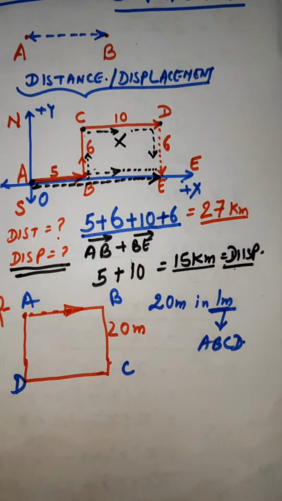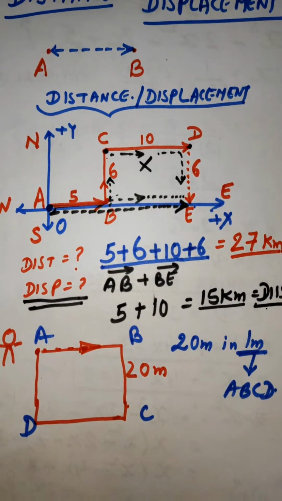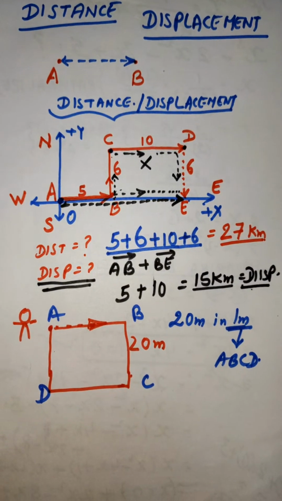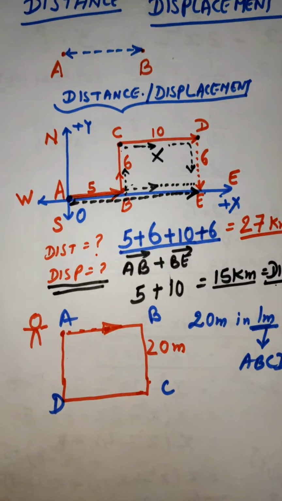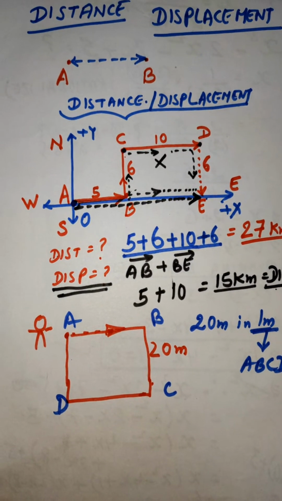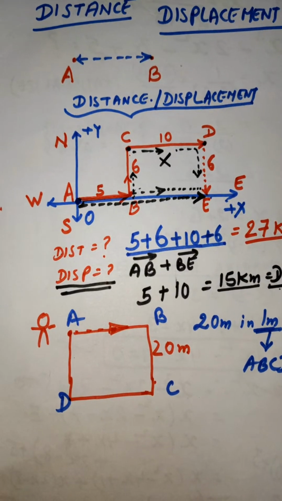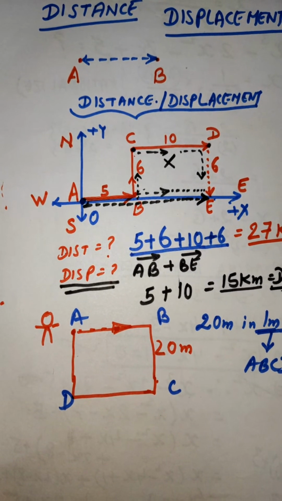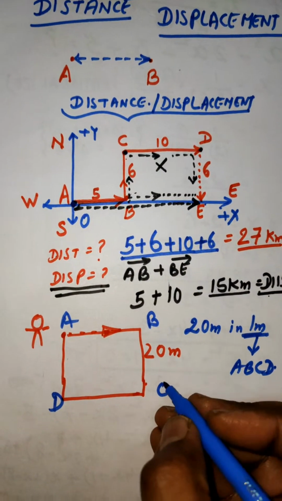Right? Now in the question, what do we need to find? Some time is given to you in this question: in 3 minutes 30 seconds, what is the distance traveled and the magnitude and direction of displacement, right?